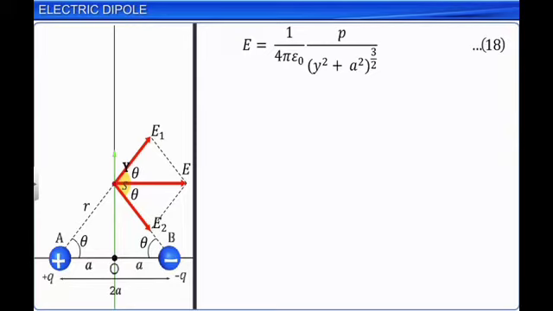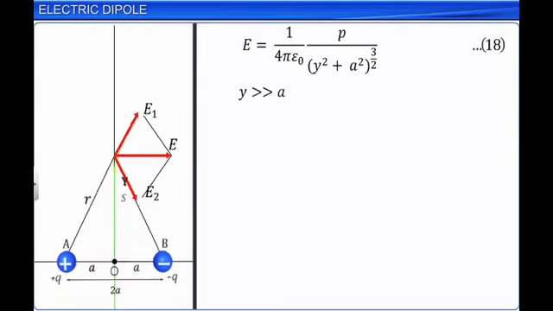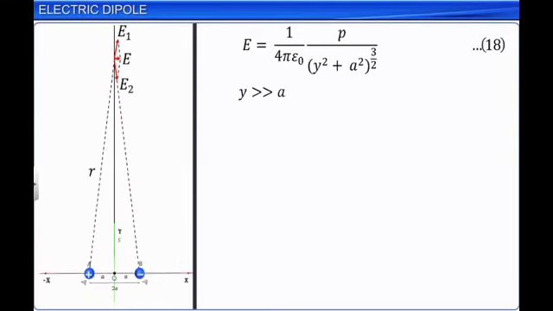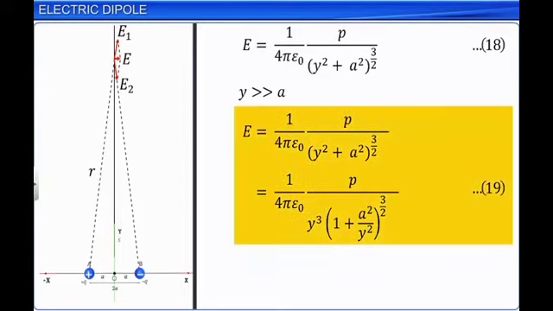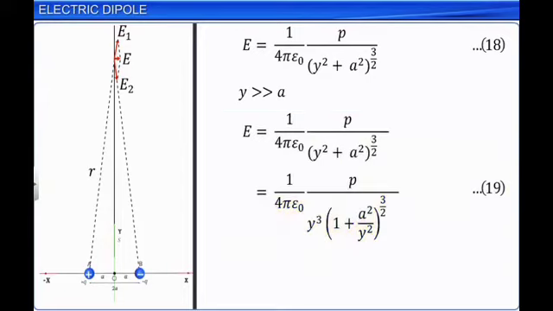Then, writing the expression 18 as in equation 19 and neglecting the term a square by y square for y which is very large as compared to a in equation 19, and on further simplification, we get E is equal to 1 by 4 pi epsilon naught p by y cube. Let this be equation 20.